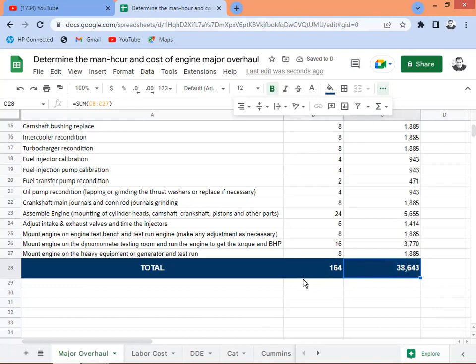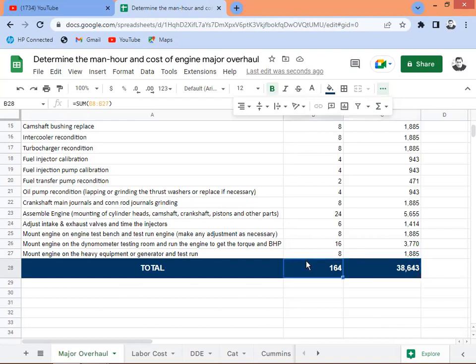Therefore, the total cost to do a major overhaul of a 16 cylinder V16 engine would be around 38,640. This is only for the labor cost.